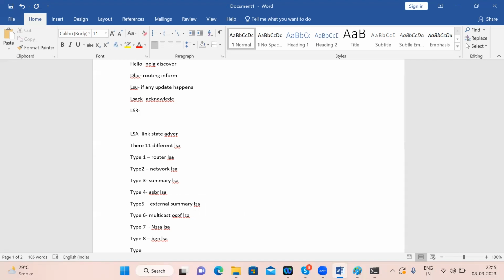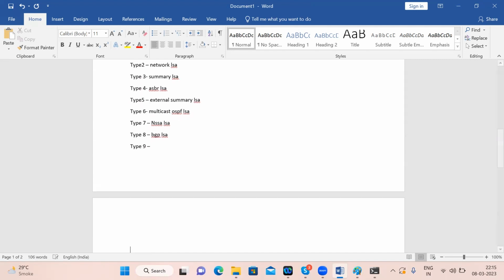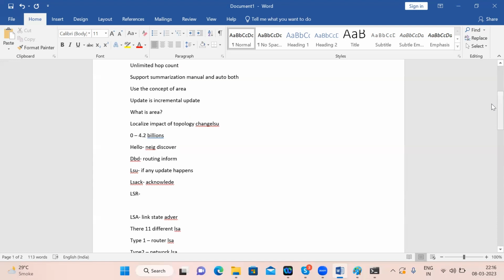Type 9 is known as the opaque LSA, which we never use in OSPF. Type 10 and type 11 do not have anything; they are kept for future upgradation.